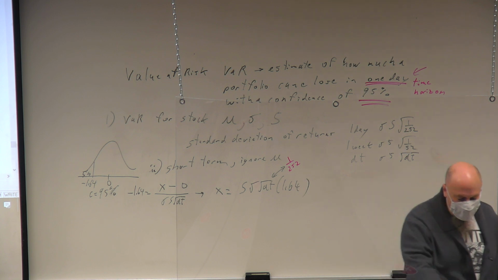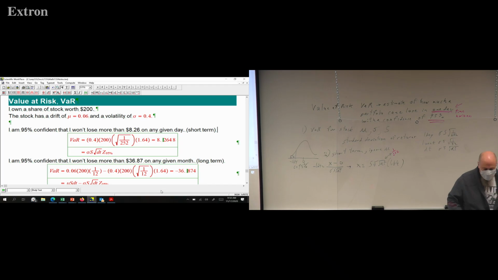So now I can look at an example here. Our first example, we've got a stock. It's now worth 200 bucks. The drift rate is 0.06 and the volatility is 0.4. And I can calculate the value at risk.